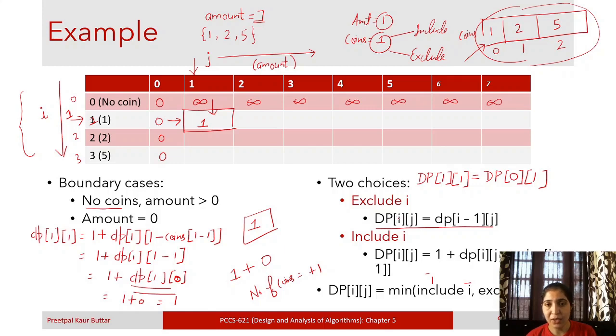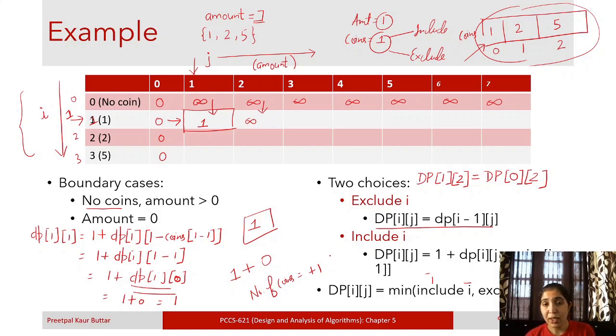If I exclude i, so here it is dp i j. Now j is 2. The amount I try to make is 2, and I exclude this coin. So the solution will be same as taking the 0th coin, so it will be coming from the upper cell.